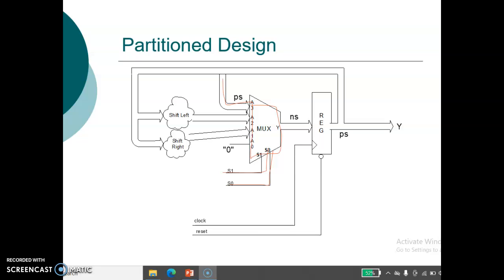Sorry, I meant to say set 1, set 0, set 1, not shift, not state. Present state, next state. Present state is given through the feedback connection, and given to shift left and shift right. If shift left is going, then like this. If shift right, here. Then here is the Y output.